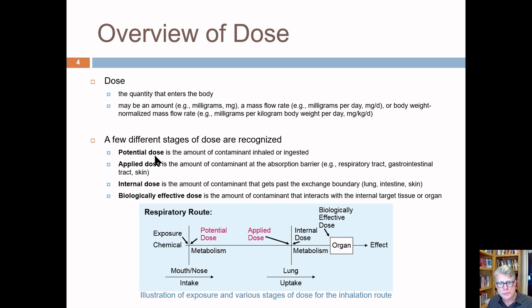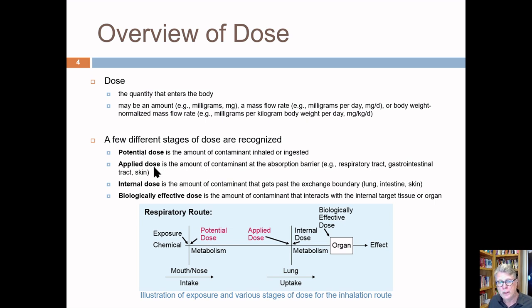So what is this potential dose, and how does it differ from the exposure concentration? It differs in this way. We're taking the exposure concentration and combining it with some intake rate, like an inhalation rate or an ingestion rate, and the result of that combination is this potential dose.